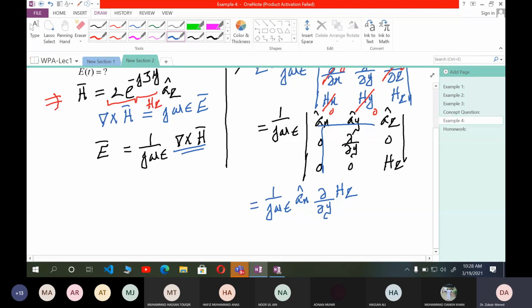So hz is given. Hz was this, 2 exponential of minus j3y. So I can substitute: 1 by j omega epsilon ax unit vector, partial of partial y of hz, where hz is 2 exponential of minus j3y.